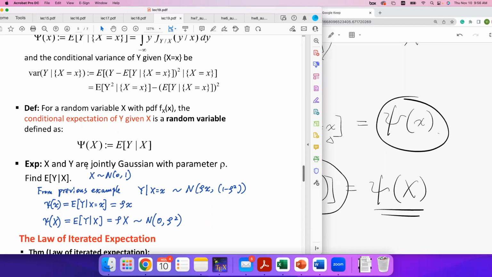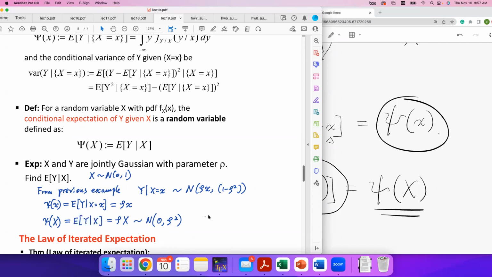And because x follows the normal distribution, rho times x follows such a Gaussian distribution. So therefore, we can actually compute the PDF of this random variable.